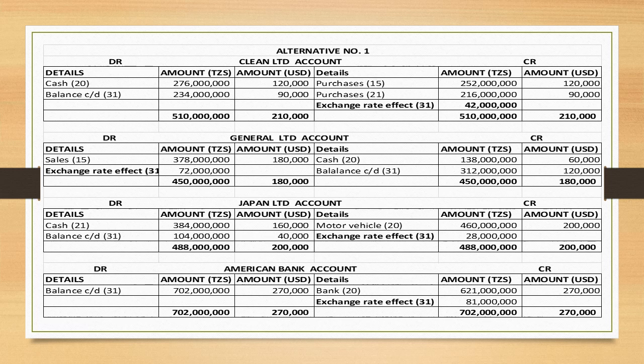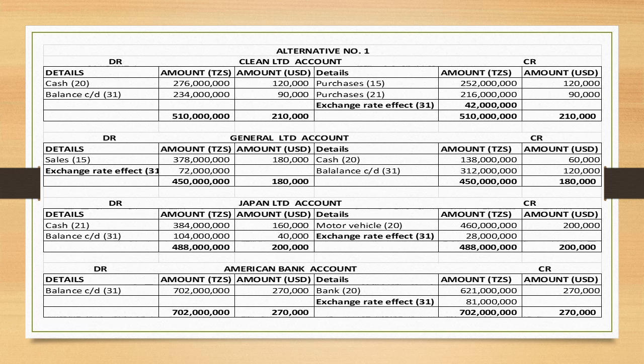But again, Japan Limited is the same. We make a purchase of a motor vehicle on credit, so we debit motor vehicle and credit Japan Limited account. But remember that this transaction is in US dollars, while we will be paying Tanzania shillings.